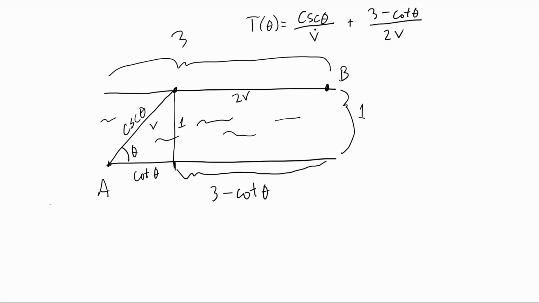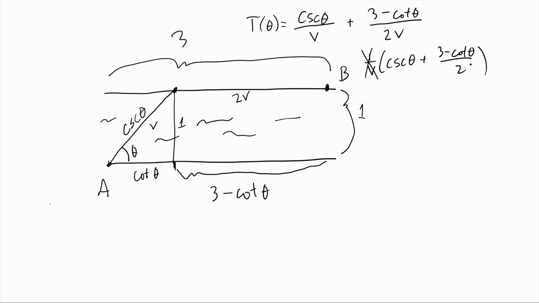When we take a derivative, notice that we could factor out a 1 over v, and this is a constant because of constant speed, so it won't depend on that. If we factor out the 1 over v, we're left with cosecant theta plus 3 minus cotangent theta all over 2. This will not matter for the derivative, so let's ignore it.